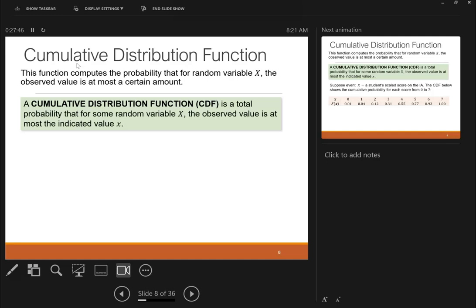What this function does is it computes the probability for a random variable x that the observed value is at most a specified amount. So when we talk about a cumulative distribution function, it's always an inequality. We're talking about the probability that x is less than or equal to some value.